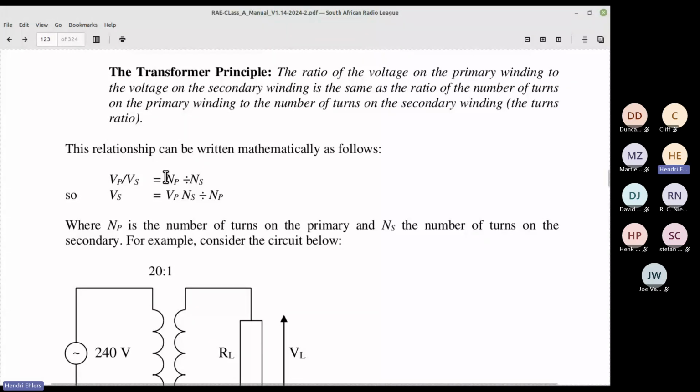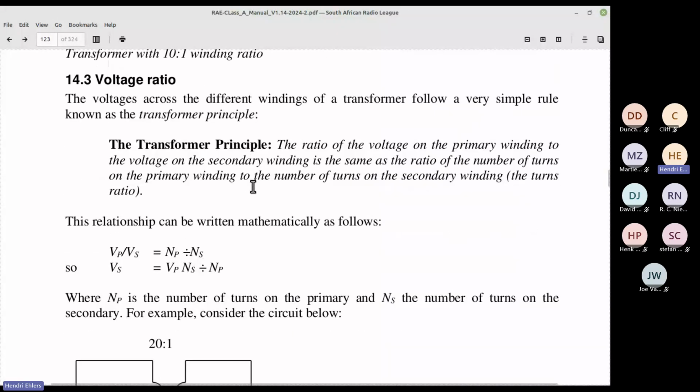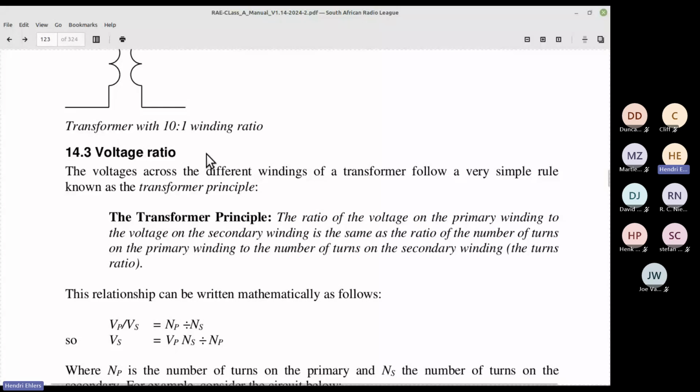That N is not the number of turns, it's the actual ratio. So there it would be a primary side and the secondary side. In this case, it would be 10 on the primary side and 1 on the secondary side.